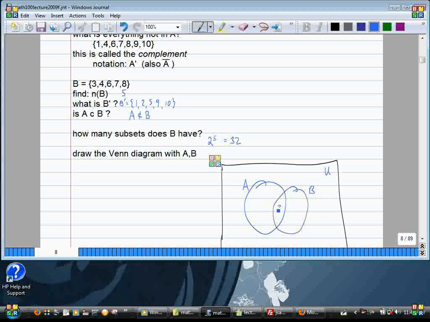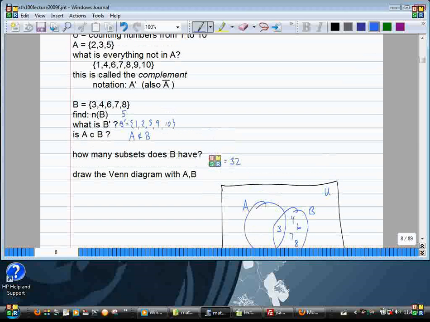And what else goes where? 4, 6, 7, 8, and then what else? Remind ourselves what A is. 2 and 5. Okay.